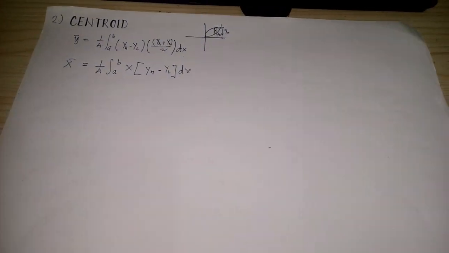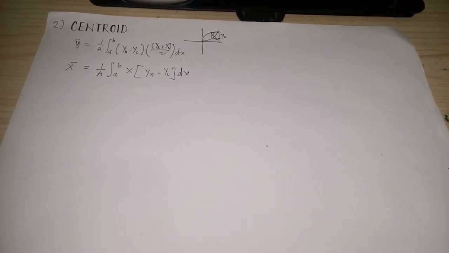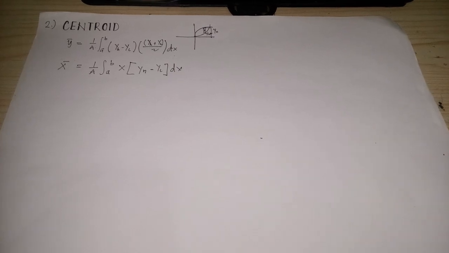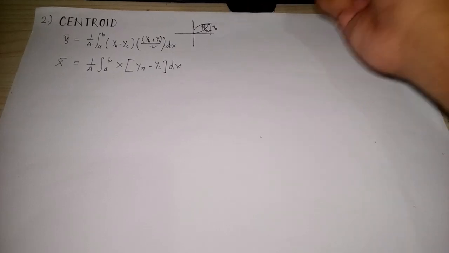So that's our formula for bar x. So we need to calculate those two in order to get the coordinates here. So this is the centroid here.